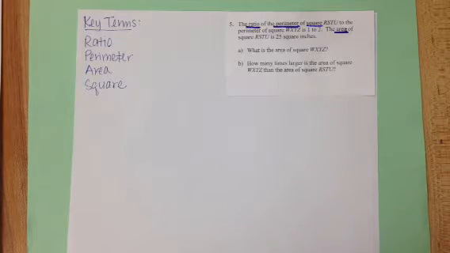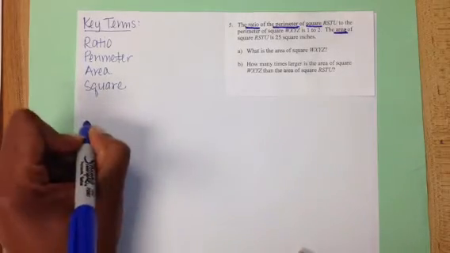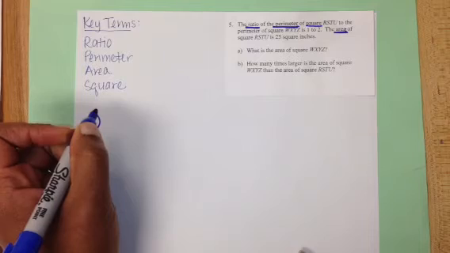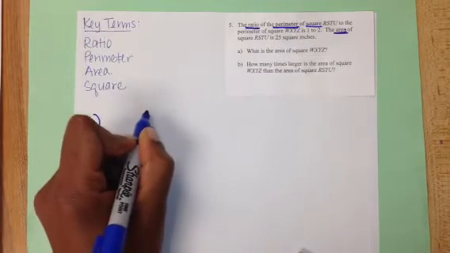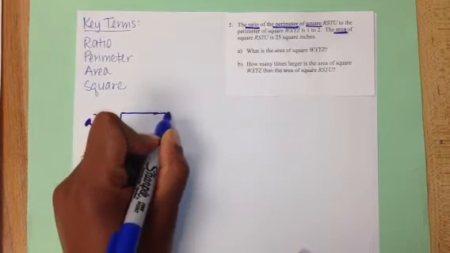Okay, so let's do part A. It says, what is the area of square WXYZ? So first, for part A, we're going to go ahead and draw out the figure. We have first square RSTU. So let's draw that out.